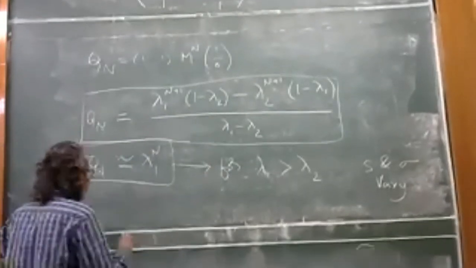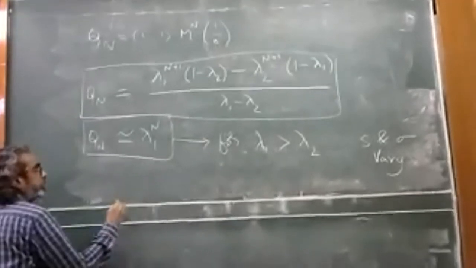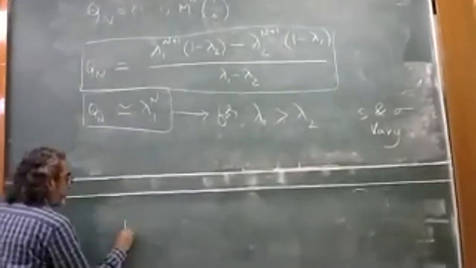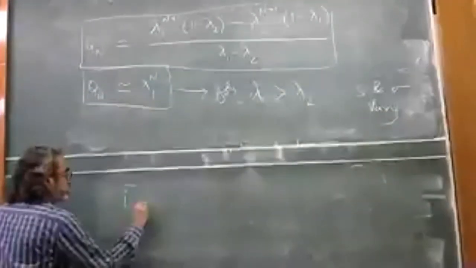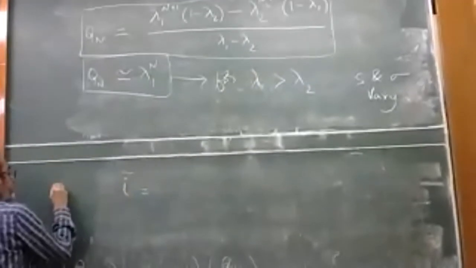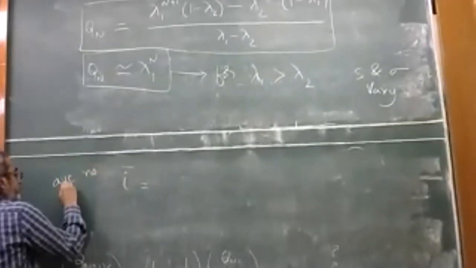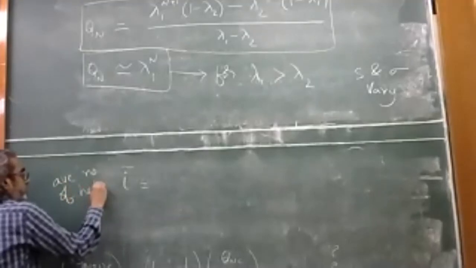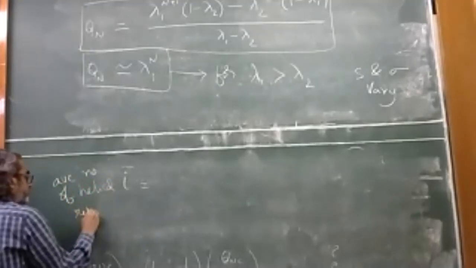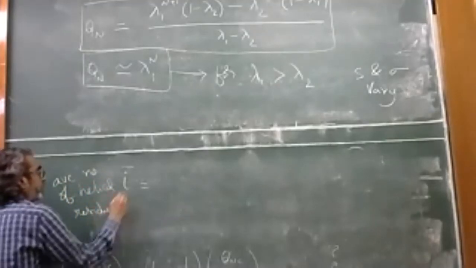And so we measure, as in the beginning of the class, the average number of helical residues, I bar.